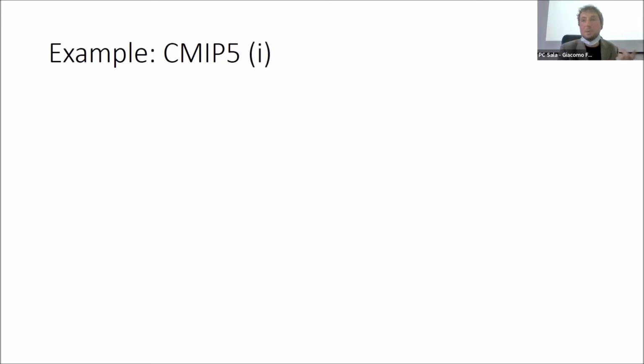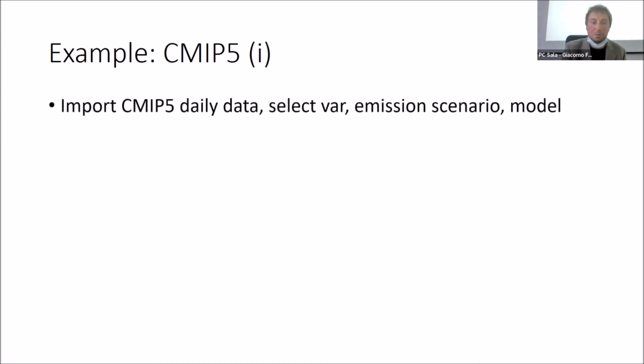So you have the CMIP5 script again in the zip folder I shared with you. We can start, for instance, with importing CMIP5 daily data, so daily projections of climate change, selecting a variable that we want to measure, one emission scenario, and one specific model.